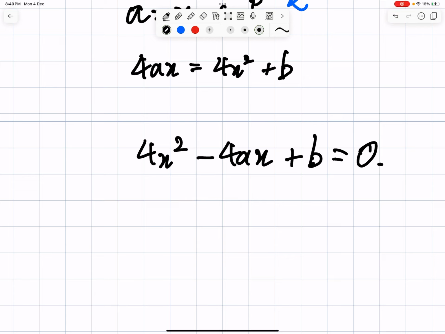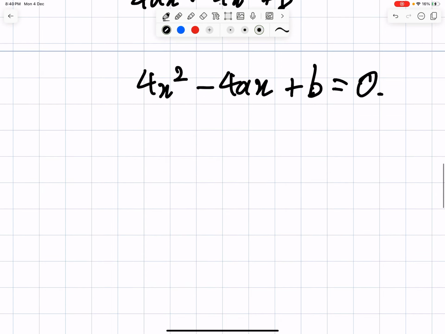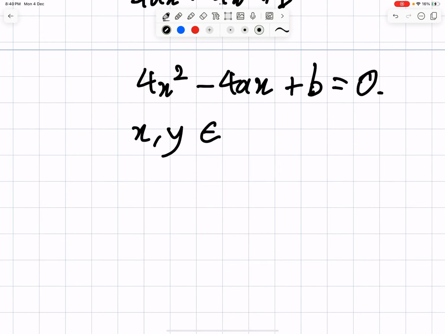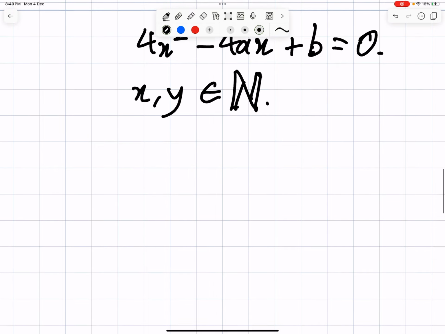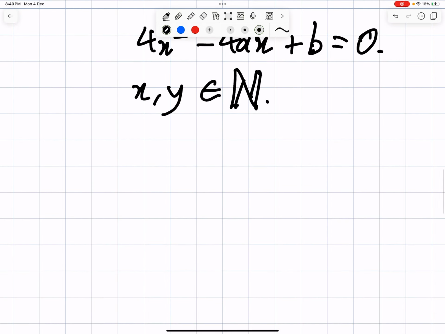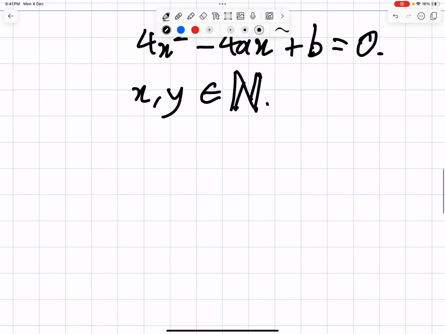It is certainly important to know that x and y are natural numbers. I haven't tested this for the positive rational numbers yet, so we will just leave it at that. Now, moving on.